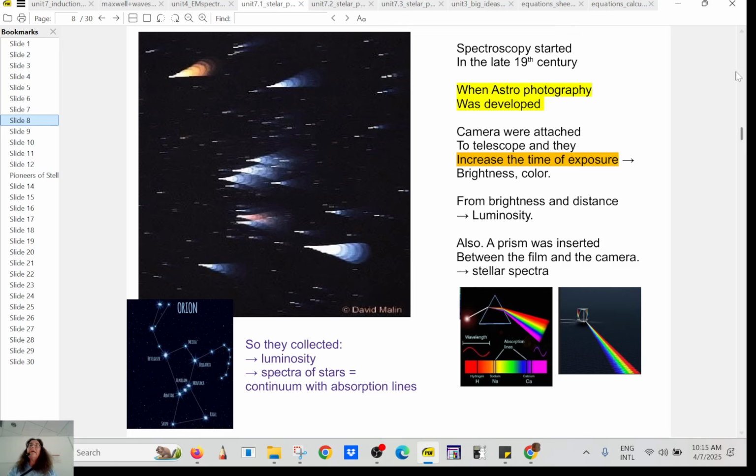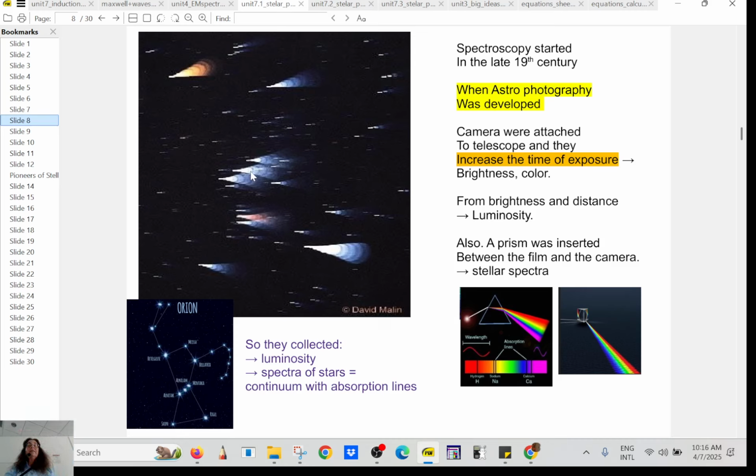At the end of the 19th century, they developed what we call astrophotography. Photography was invented by a Frenchman, I forgot his name, in the 19th century. Then they used that for astronomy. Basically you have a telescope and you attach a camera at the end of your telescope.